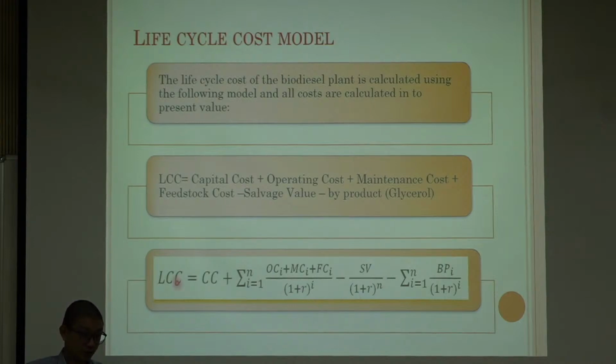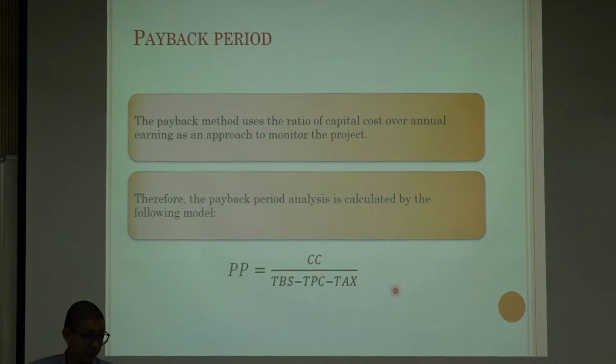So we calculate based on present value with a certain discount rate, or interest rate also can. We consider what the future value is, and you want to calculate the future value at present. I mean, we call it the present value. Then from there, we can calculate our payback period.